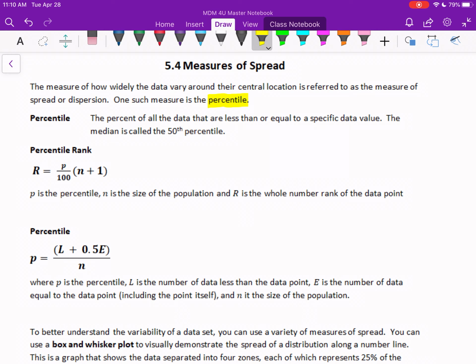The example that always comes to me as a parent is when a new baby is born, you take your baby to the doctor for its checkup, and they'll tell you that your baby is in, say, the 38th percentile for weight and the 75th percentile for height or length. That just gives you an idea of where it compares to other babies.